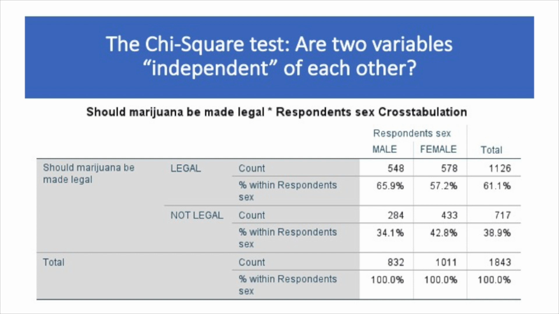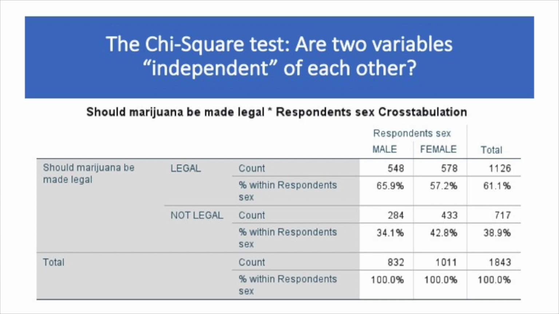We're going to run our chi-square test to determine the probability that we would get these results if our null hypothesis was true. And if the probability of that is less than 0.05, meaning there is less than a 5% chance we would get these results if the null hypothesis was true, then we're going to reject our null hypothesis. Okay? So here's our contingency table.